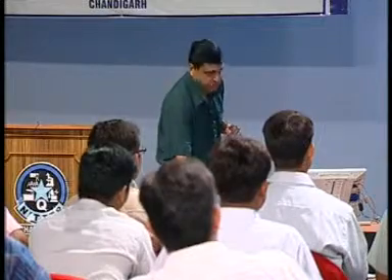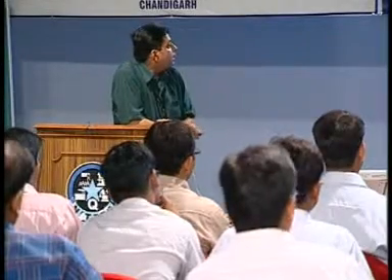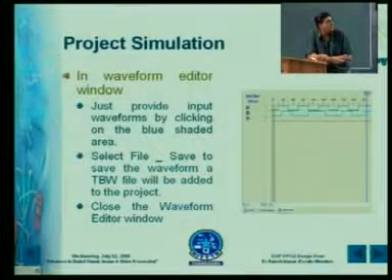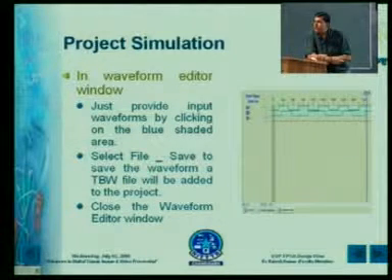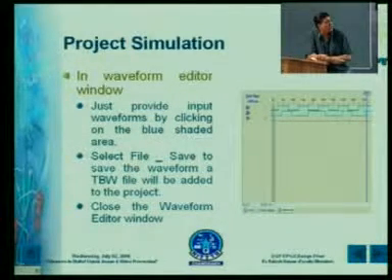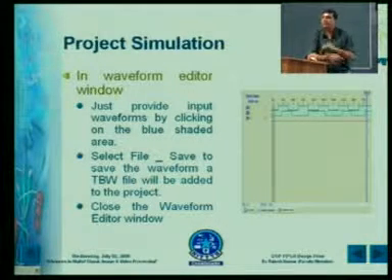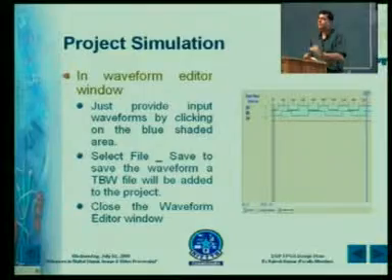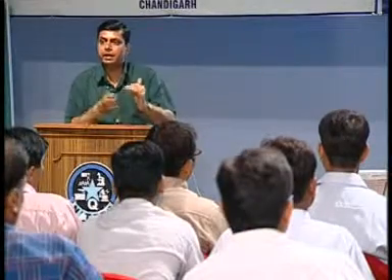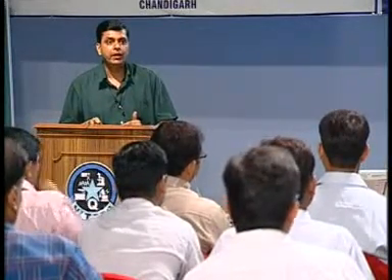After finishing this one, you will get a window. Here you have to create the test bench. Now, you can see here, this is x, this is y, this is z. Now, this waveform I have generated on my own. I am generating one waveform for x, another waveform for y.